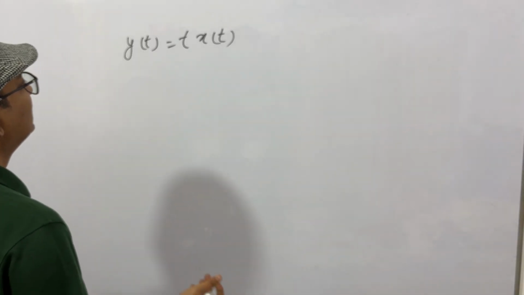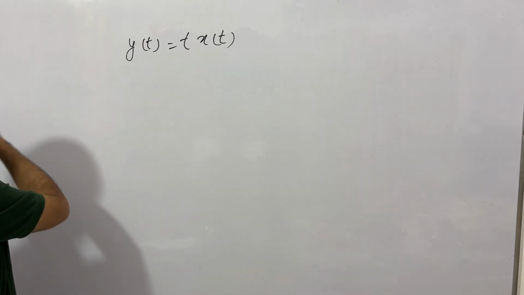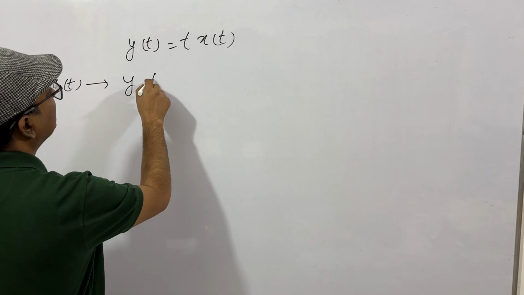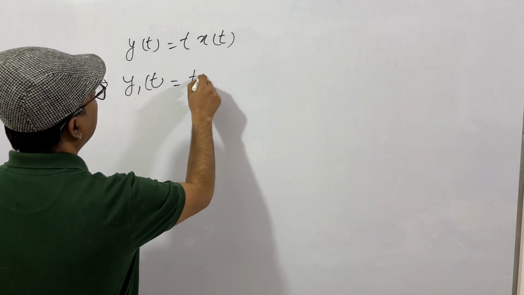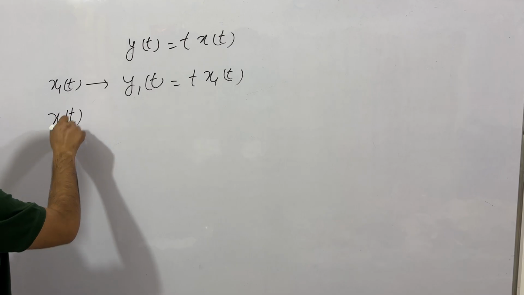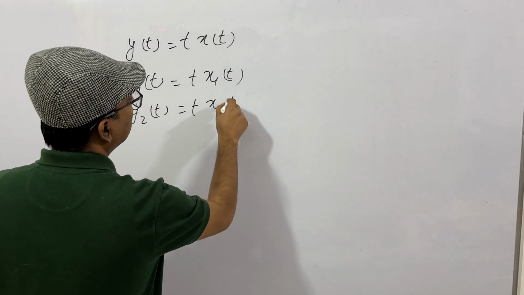How will we check? We'll use the two properties. Let's say for x1(t) we get y1(t)=t·x1(t). Then for x2(t), y2(t) will be t·x2(t).